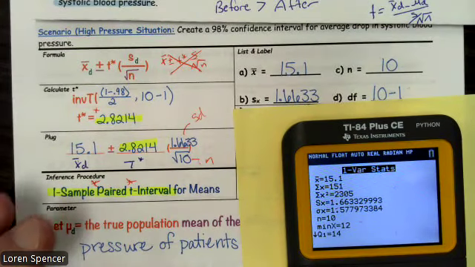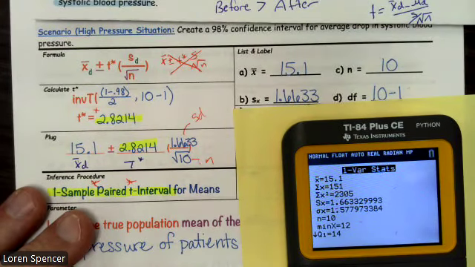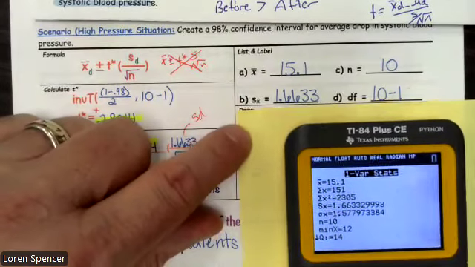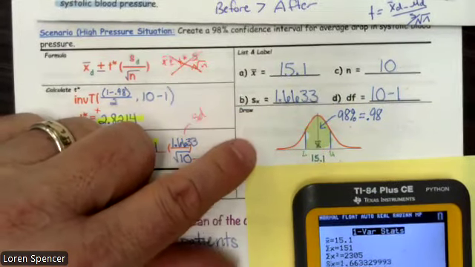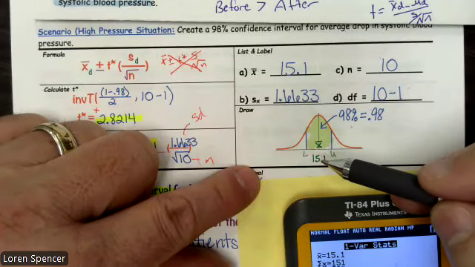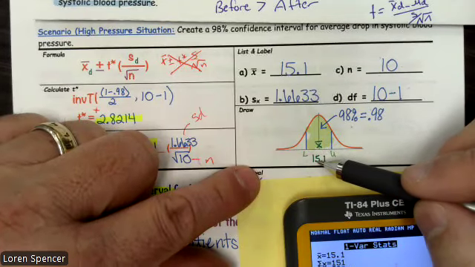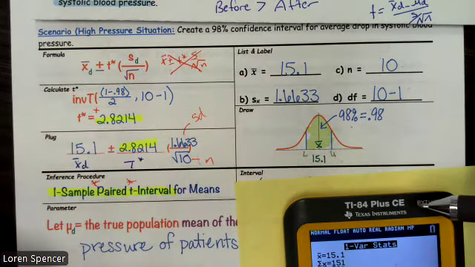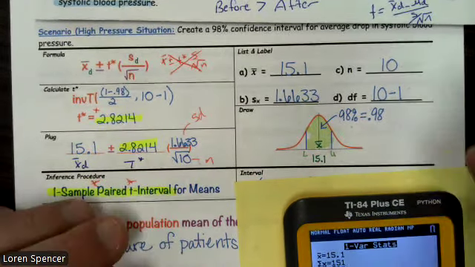Please remember, confidence intervals are always centered on x bar. Hypothesis tests are centered on a population mean, but we don't know the population mean. So our confidence interval is going to be centered on 15.1 with the lower and upper bounds. And there we go, that's our drawing.